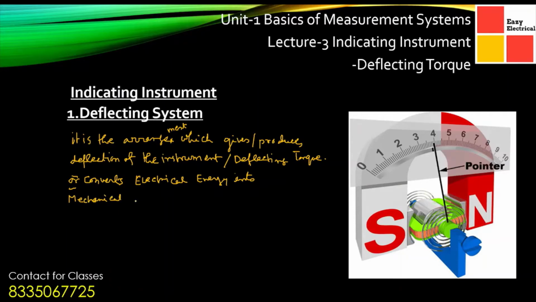That is, the electrical energy in the current is converted into mechanical energy, which is the deflection of the pointer. Electrical energy means whatever current we are supplying to the instrument, and mechanical energy means whatever displacement is happening in the instrument.